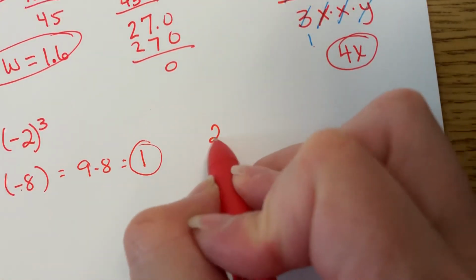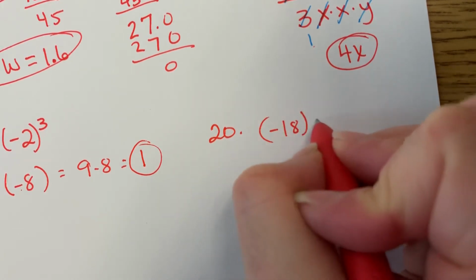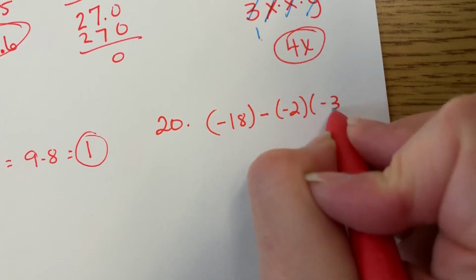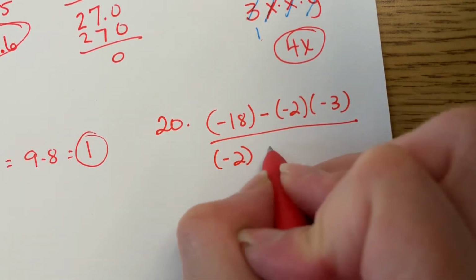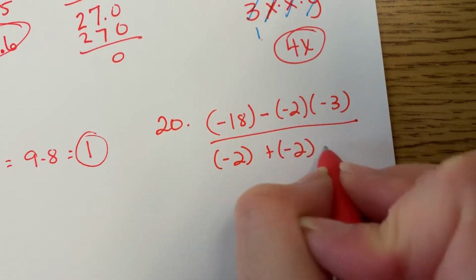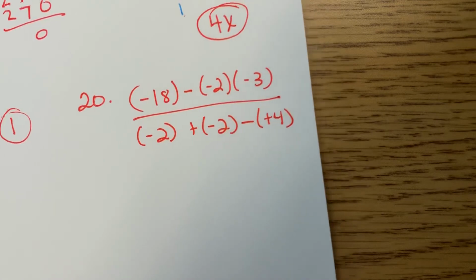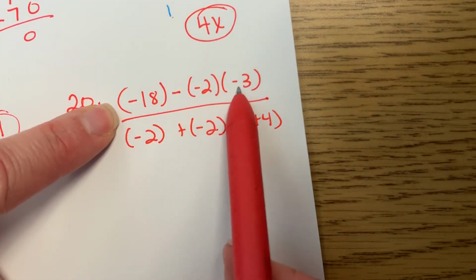Number 20 says -18 minus -2 times -3 all over -2 plus -2 minus +4. All right, so let's break this one down. We're going to do our multiplication here first.